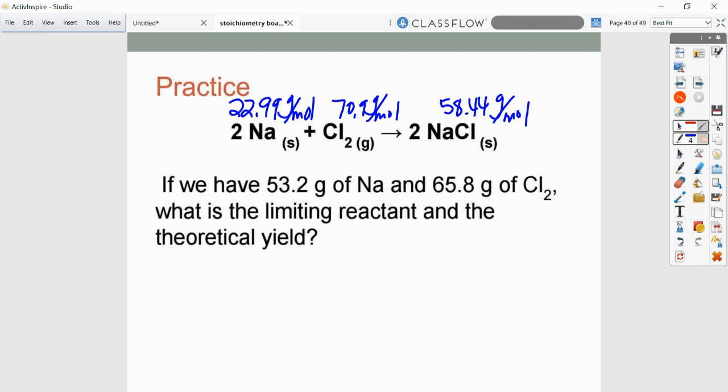It's our job now to figure out the limiting reactant if we have 53.2 grams of Na and 65.8 grams of Cl2. So if you'd like to do this yourself, go ahead and pause the video and then check your work. We'll start with our grams of sodium and convert to moles.